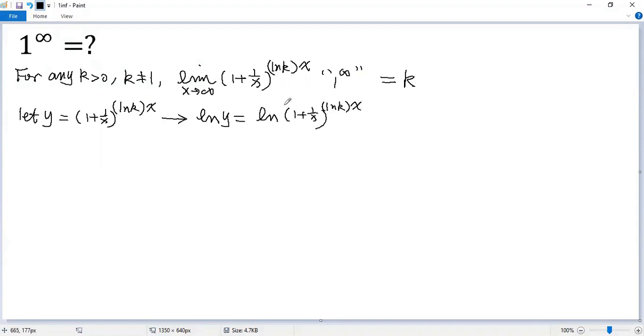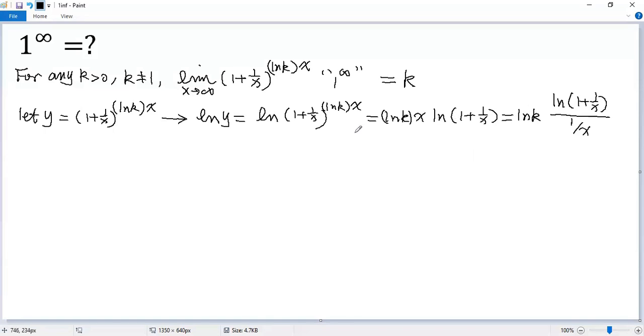We can put the exponent in front of ln. So we get ln k times x times ln(1 plus 1 over x). You can further write this as ln k times ln(1 plus 1 over x), and I put x at the bottom, so it becomes 1 over x.